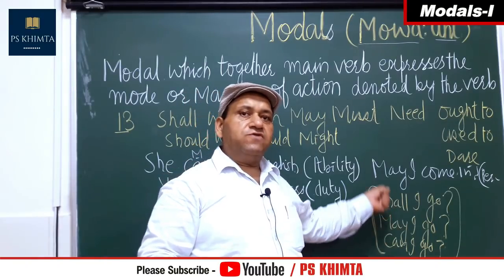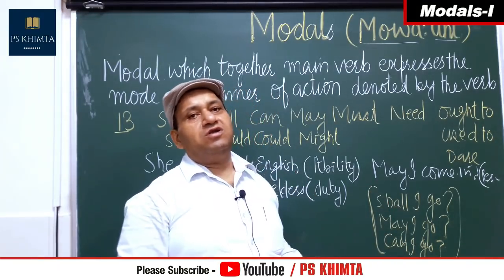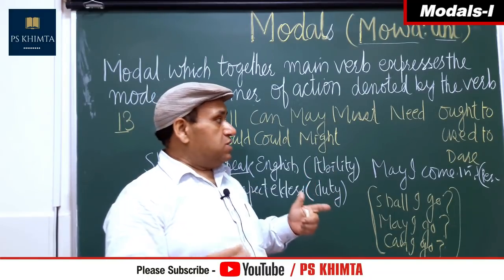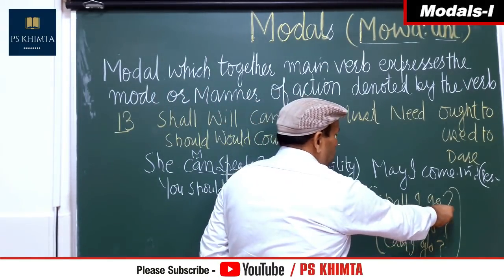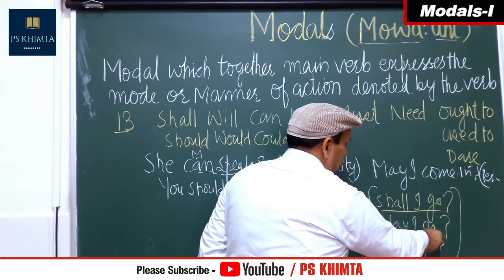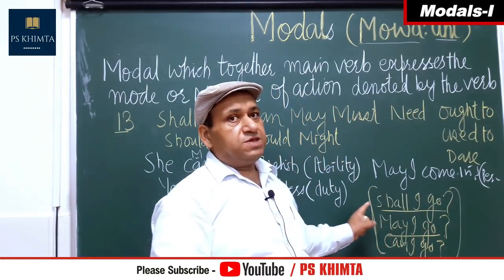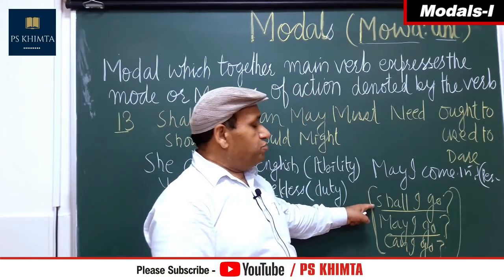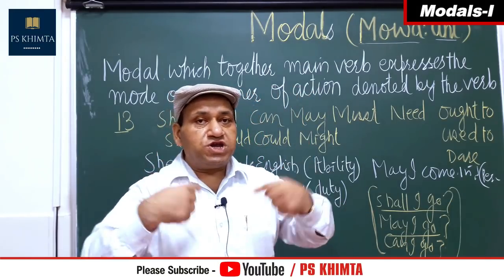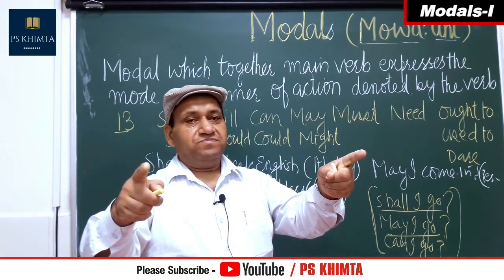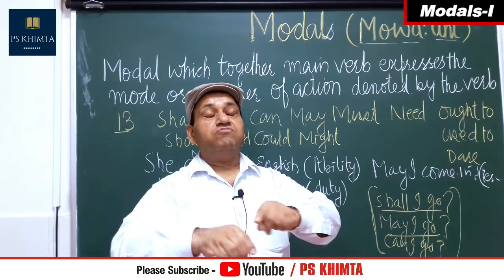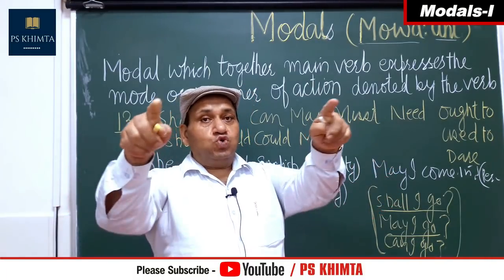Can we use any of these three? No, not at all, because all three carry a very large difference. See, what is the difference? Shall I go? May I go? I'll take this part when we do them separately. Shall I go means, do you wish me to go? May I go means, I wish to go. Very big difference.